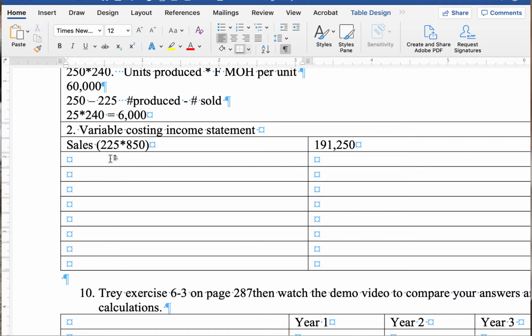Now I need to figure out what are my variable costs. Okay. So I need to list all variable costs. So first, I'm going to take my COGS, my cost of goods sold, and I'm going to multiply the number of units that I sold, 225, times my unit cost under the variable method. Well, what is that?